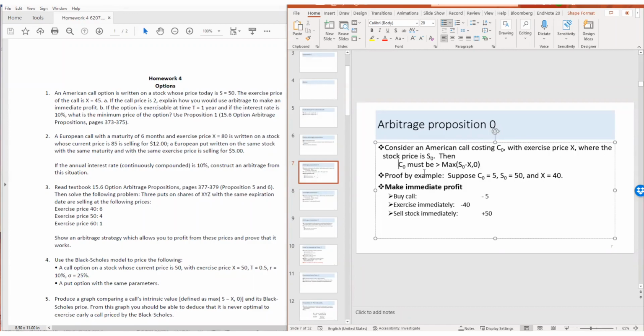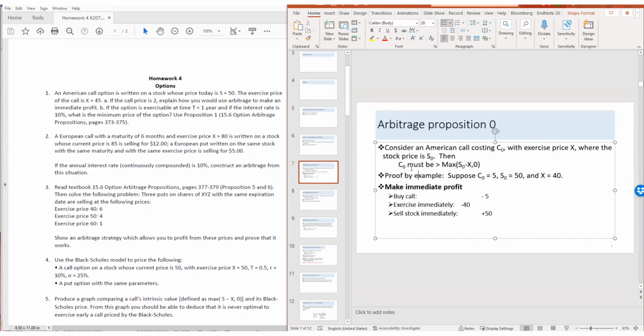So let's say this proposition is violated. The example here has stock price equal to 50, exercise price equal to 40. Then S0 minus X will be $10. And the call price is $5, so obviously $10 is not less than $5. So this proposition is violated.